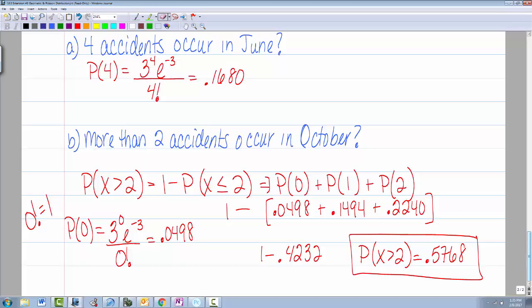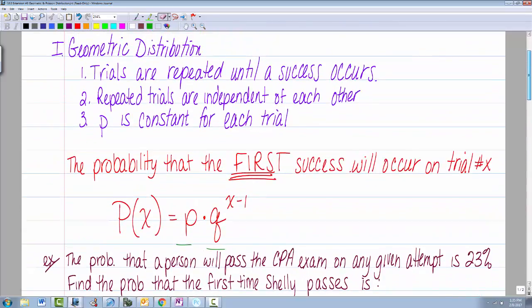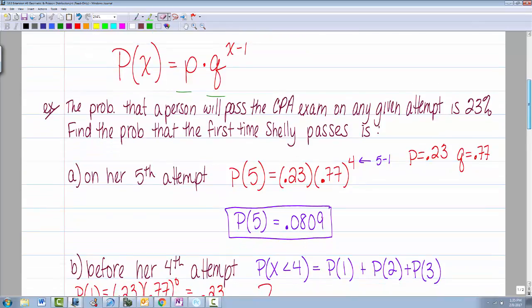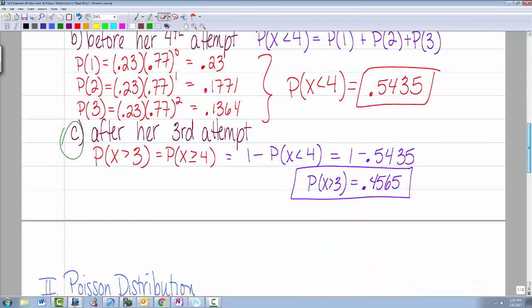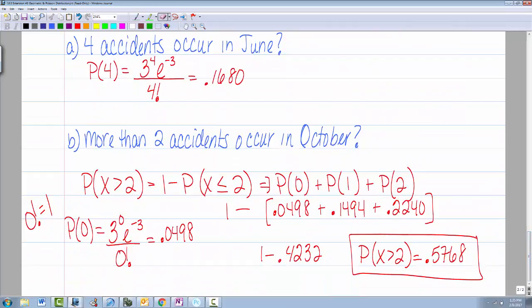Somebody said 0 should be in the last setup here. I don't really care if someone takes the test 0 times. 0 is not an option from the last one, right? But 0 is an option for this because you could have 0 accidents at that intersection on a given month. So more than 2, you can't do that because it goes off into infinity.